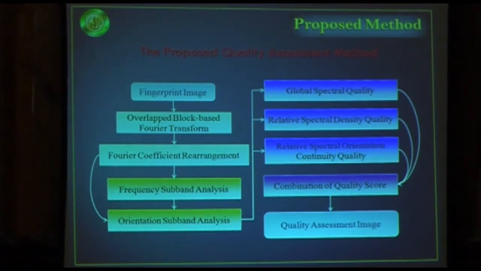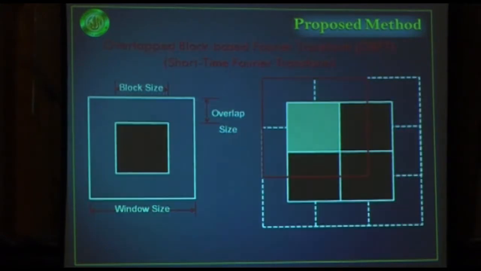Then you get the Fourier coefficients, and you rearrange them into frequency subbands and orientation subbands. From these subbands, you can analyze the quality into the global spectrum quality, relative spectrum density quality, and relative spectrum orientation continuity quality. These are the three main features that we extract from the subbands, and we combine them into the total quality of the fingerprint.